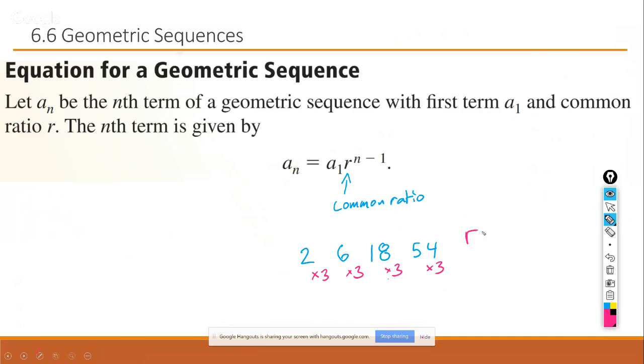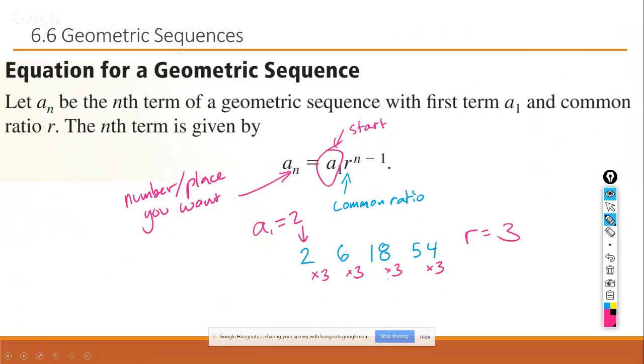So my common ratio is 3. And then A1 is what you start with. So that would be 2, because that's where we started. And then N is the number or place you want.